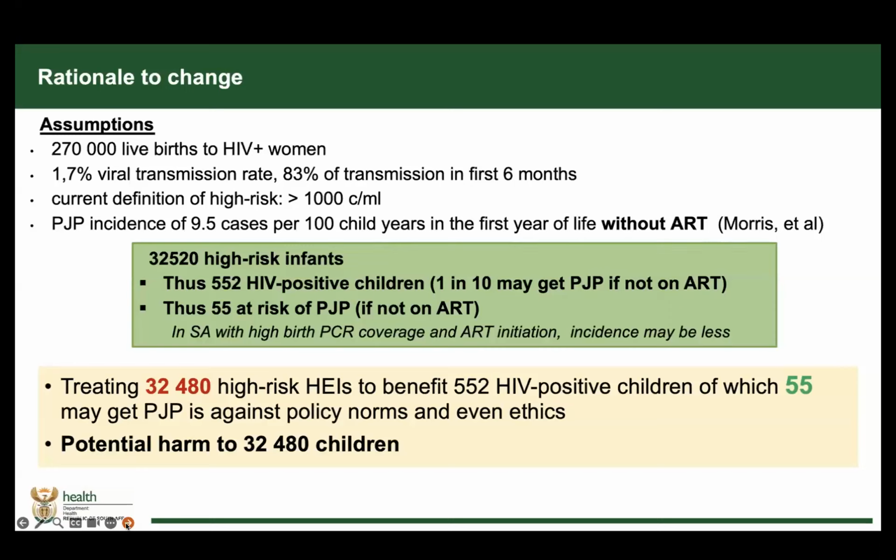If you look at the figure in red, you need to treat almost 32,500 high-risk HIV-exposed uninfected infants in order to benefit around 500 HIV-positive infants, which would potentially prevent 55 PJP pneumonias.